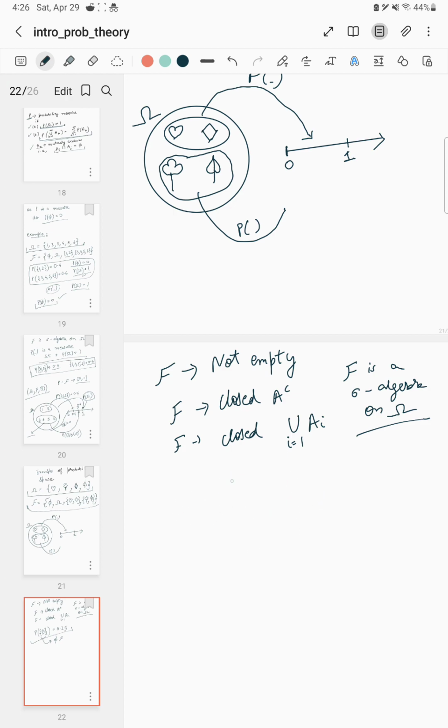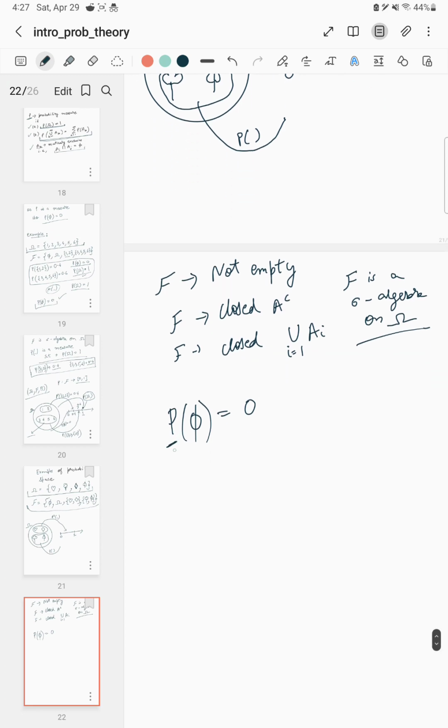We are limited by our sigma algebra F. By the property, P of phi would be 0, because this is a measure, and the measure of phi is 0. P of omega is 1, because this is a probability measure, and the probability measure of omega is always 1.